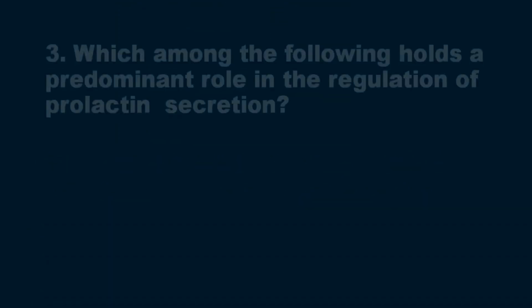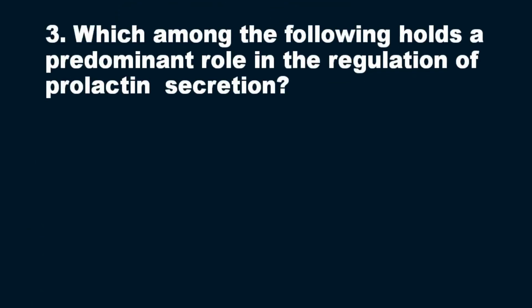Now we can see the third question in our series. The question is, which among the following holds a predominant role in the regulation of prolactin secretion? This is an important question from endocrinology, regarding the regulation of prolactin secretion.